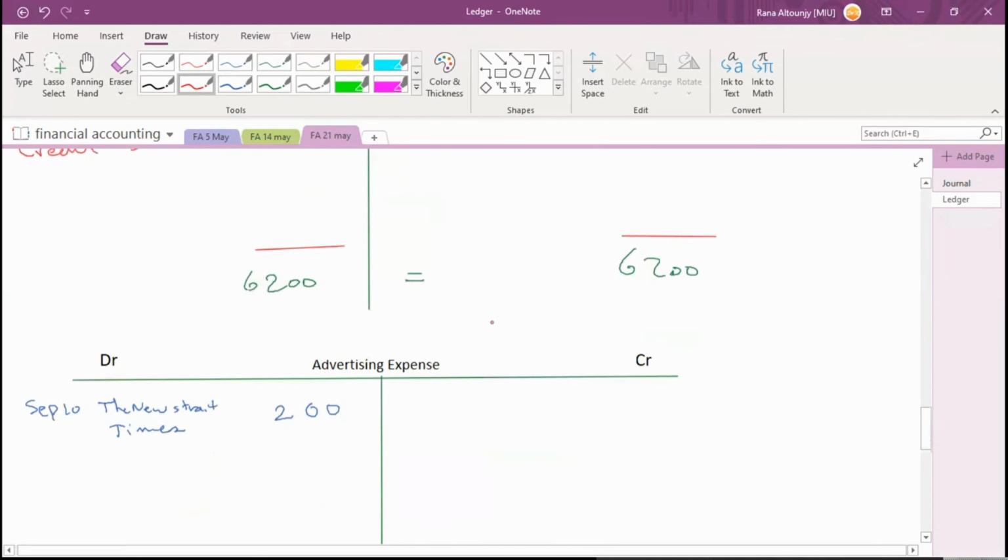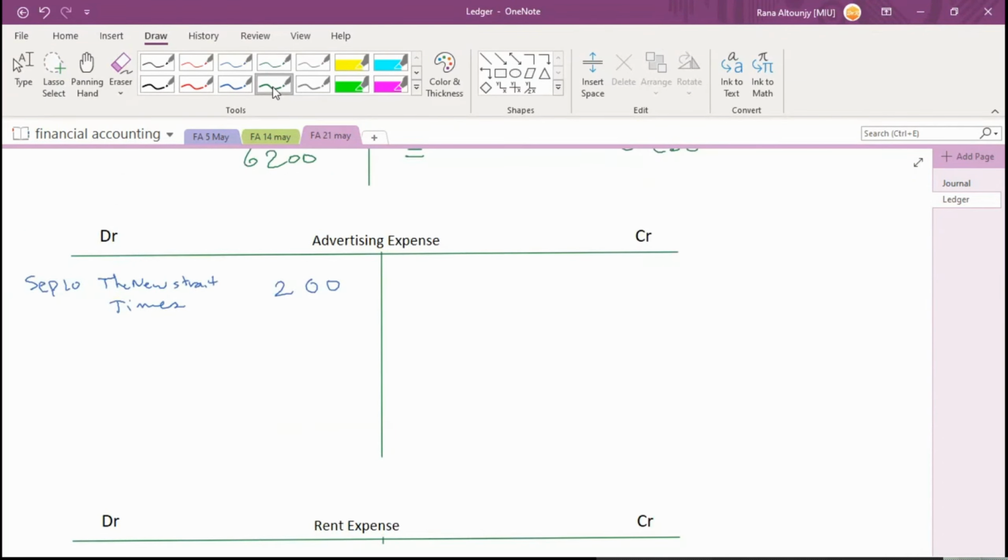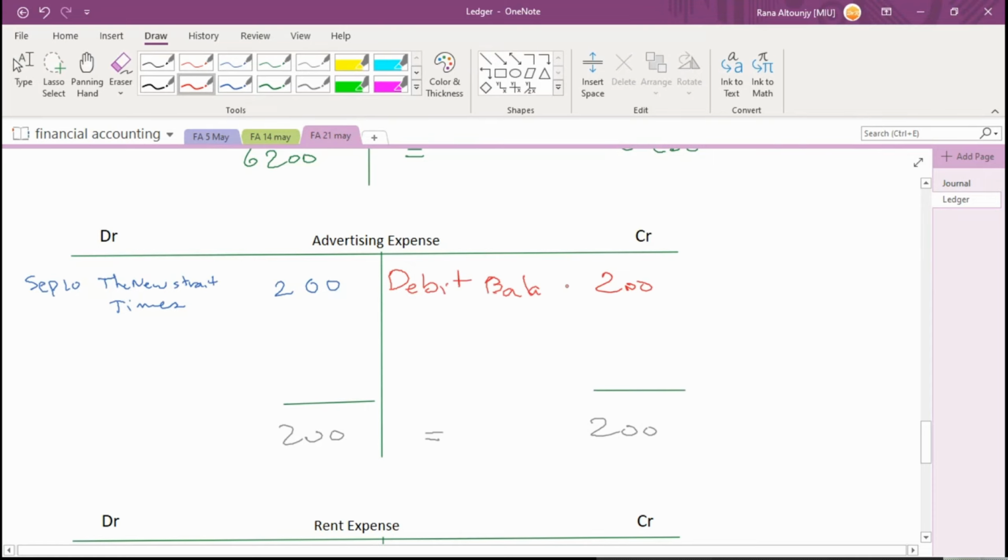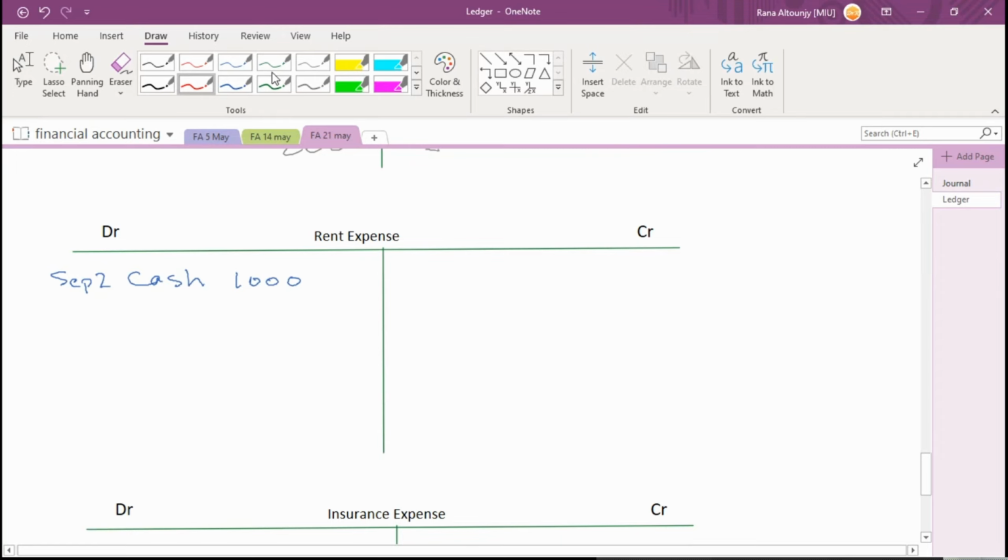Then also here we have the same. Also here, the amount is 200, and we need to make the same amount here. Then what we do is put the debit balance. Also for this, we do the same.